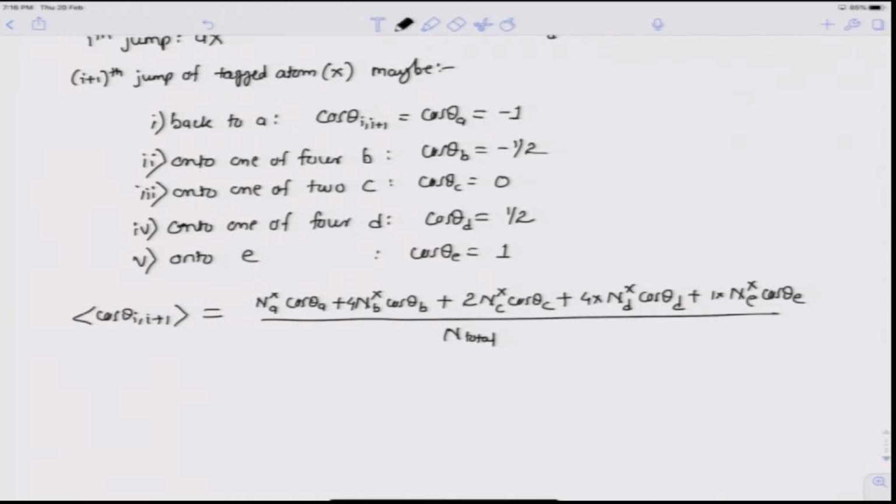So, we need the number of each type of jumps that the X makes, those we call as n_xa, n_xb and n_xc and so on.